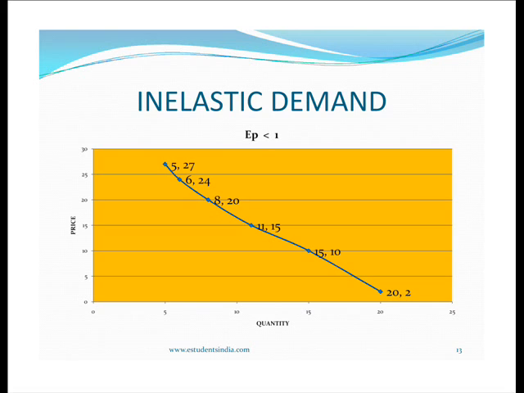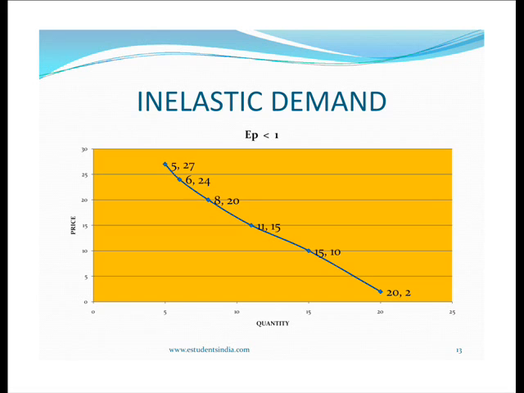When price is rupees 20, total expenditure is rupees 160. When price is rupees 15, total expenditure is rupees 165. When price is rupees 10, total expenditure is rupees 150. When price is rupees 2, total expenditure is rupees 40.